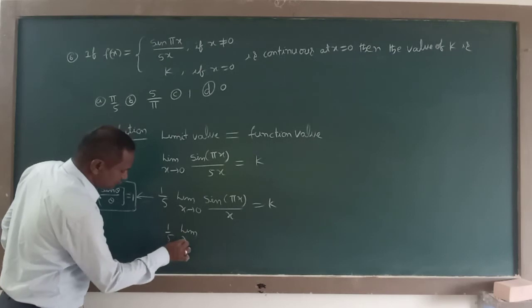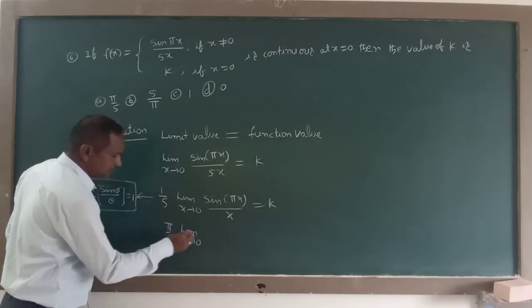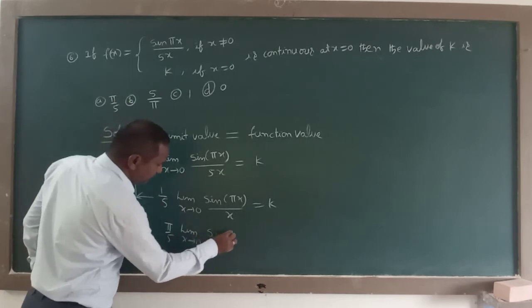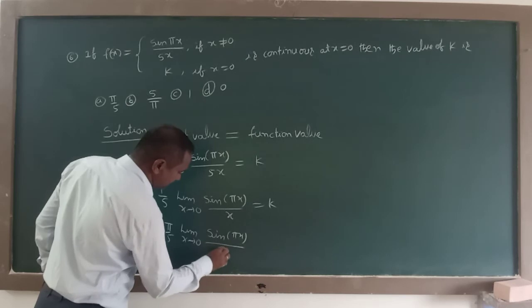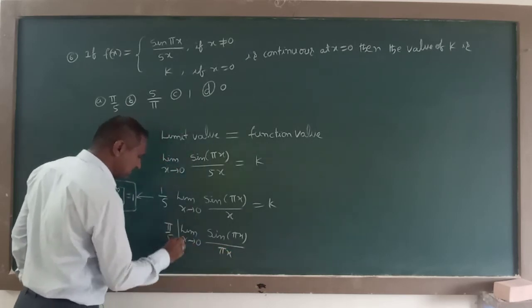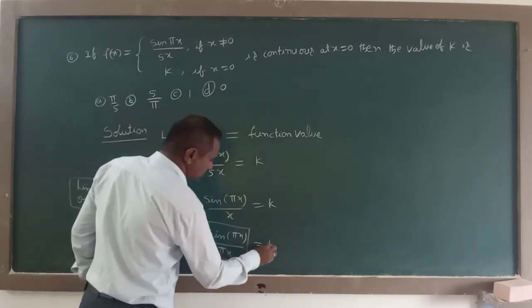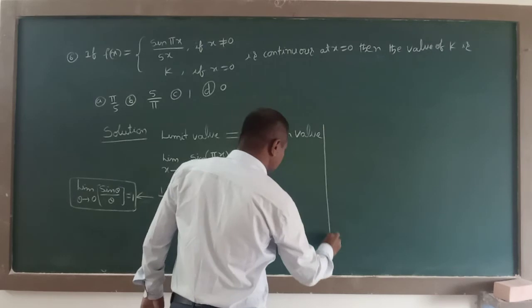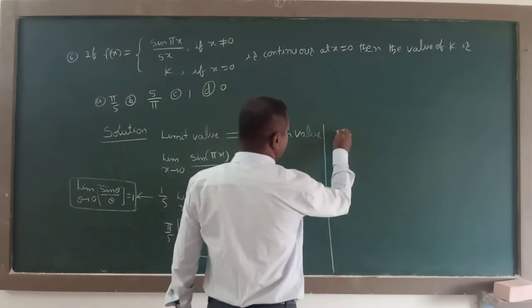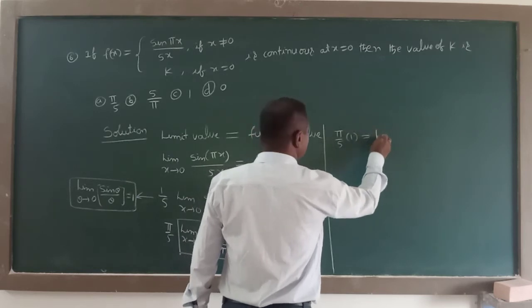Limit x tending to 0, multiply and divide with pi here. That is sine of pi x whole divided by pi x. That's why this value becomes 1. Equal to k, that is pi by 5 into 1 is equal to k.